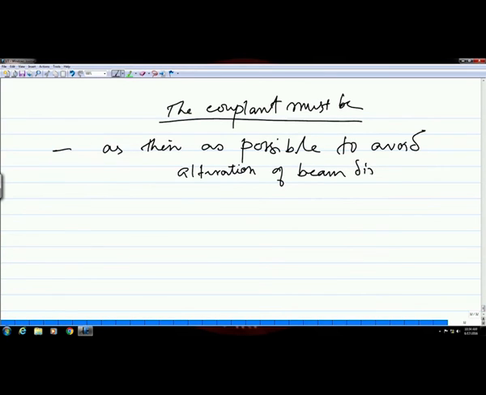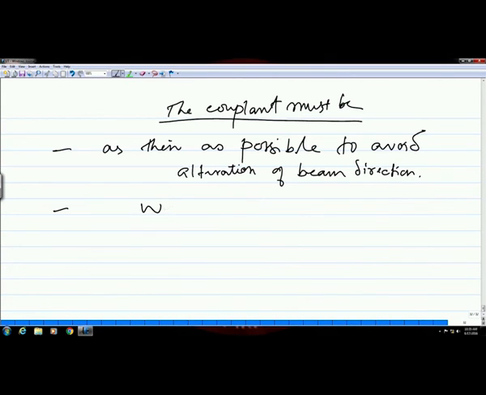Okay, if it is a thick layer, then that itself would act as a different medium, okay, and due to the presence of a different medium, then as we have seen before, these sound waves will change their direction. Okay. So, in order to avoid that, you need to ensure that this is applied as a very thin layer, so that the direction of the beam does not change when it is passing through the couplant layer.